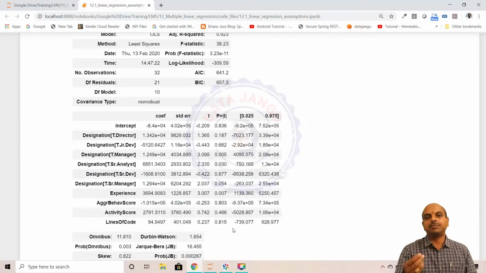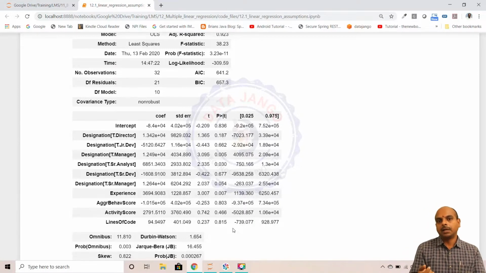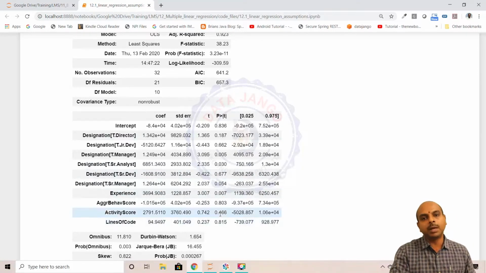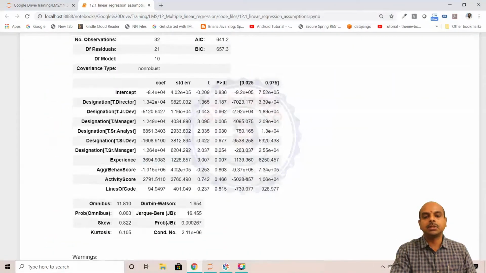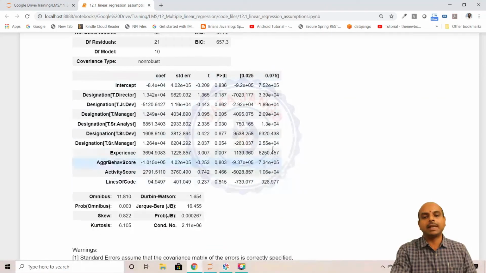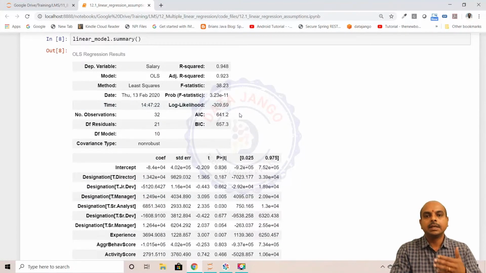When it says the features are not important, should I be removing them? It says that you should remove them and try to build a model. But we need to know how reliable these p-values and the confidence intervals are. When data is satisfying the linear regression assumptions, we can say these values, the p-value, confidence interval, and the other statistics given by the linear regression are reliable, and we can make decisions based on them.